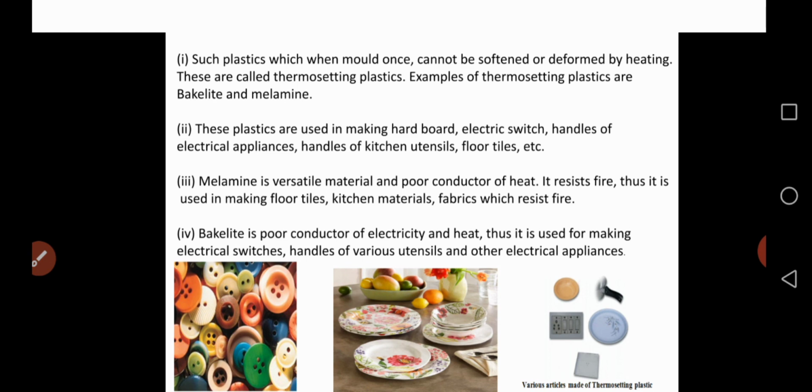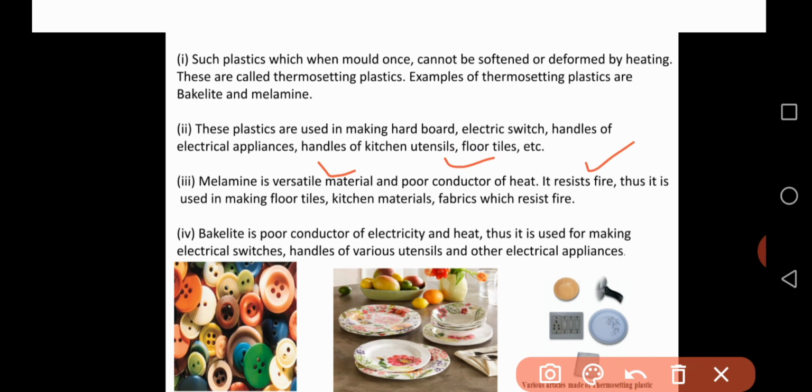Because of these properties, versatile material, poor conductor of heat, and fire resistance, we use melamine in making floor tiles, kitchen materials, and fabrics that resist fire. In these places we use this very important type of thermosetting plastic, melamine.